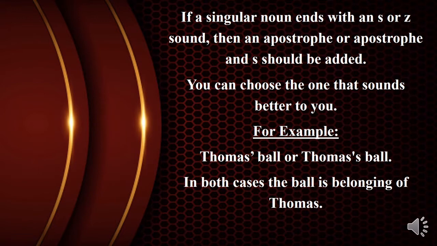In both these examples, we have used apostrophe or we have also used apostrophe and S because Thomas has ended with an S sound. So we have used apostrophe in the first example and in the second example we have used apostrophe and S. So it depends on the user that sounds better to him. Let's move forward.